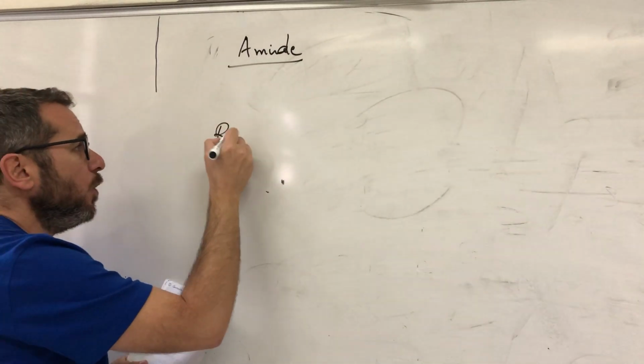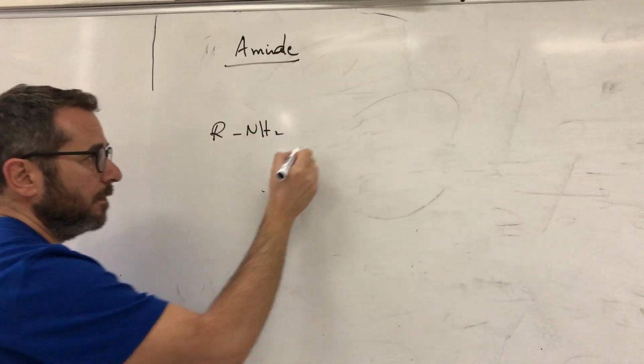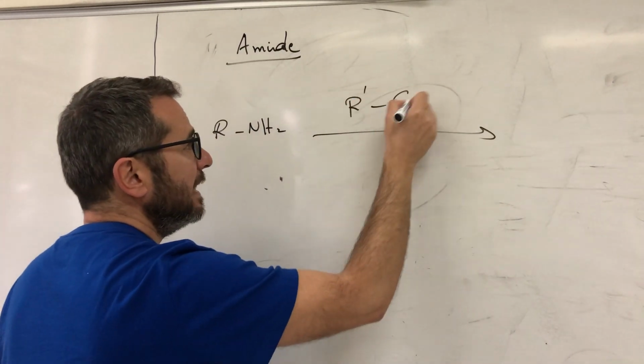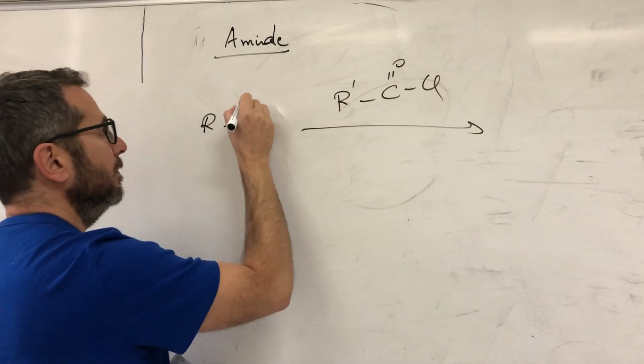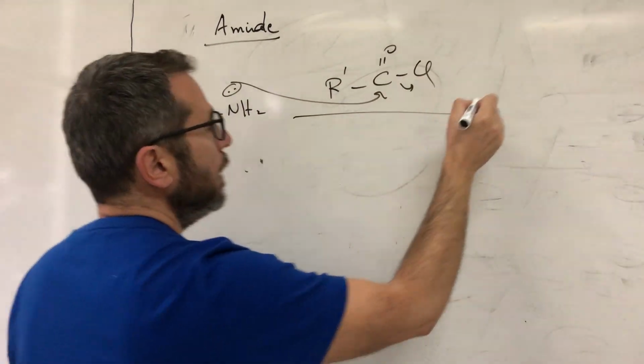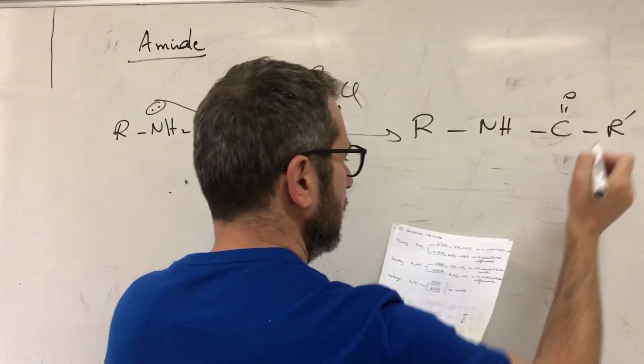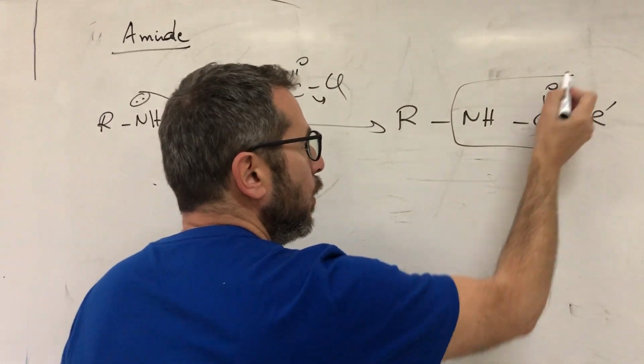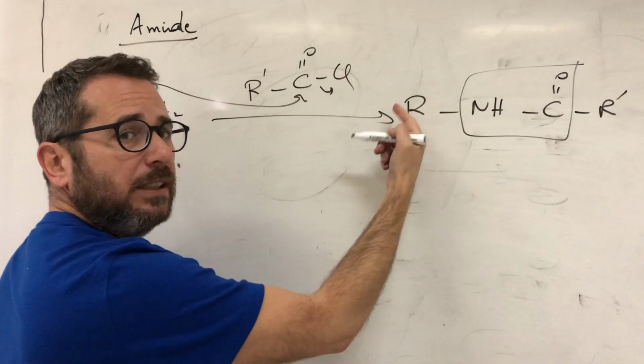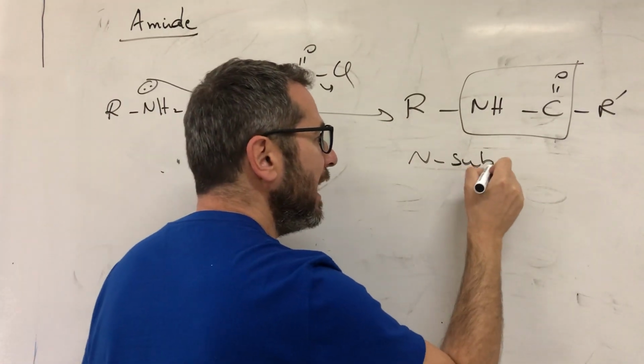If the amine was primary, I can add an acid chloride and I will obtain RNHCOR', the amide. We call it an N-substituted amide. You have substitution on N.